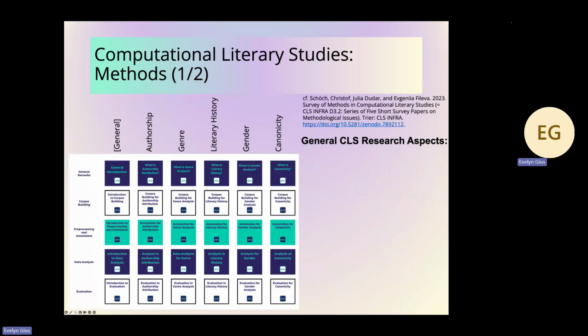So they identify these major topics. They are, of course, not comprehensive, but I think it's quite a good take to put them here on top. And then they have these introductions, and then you can see. So that's basically a way of also looking at how computational literary studies work, because they always provide an introduction about the method, the focus.